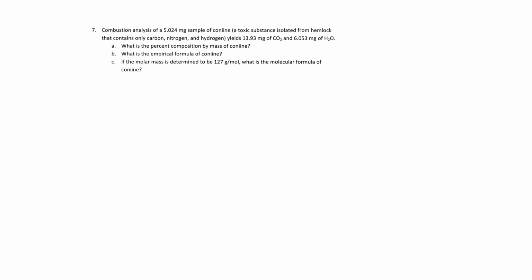Part B of this problem asks what the empirical formula of conine is. Using the percent composition of carbon, hydrogen, and nitrogen, we can compare their percentages to each other in regards to grams by assuming a total sample of 100 grams of conine for proportion purposes.